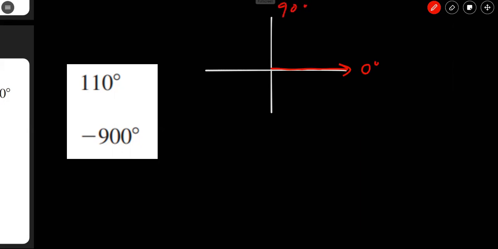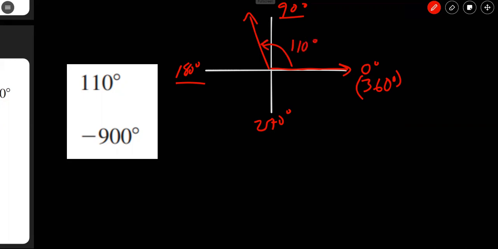We know that 90 degrees is up at the top, 180 is here, 270 is there, and then we'd be back to 360 if we went all the way around the circle. So 110 is somewhere between 90 and 180, but it is a lot closer to 90 than it is to 180. So maybe 110 looks something like this. This would be my 110 degree angle, an obtuse angle closer to 90 than to 180 degrees.